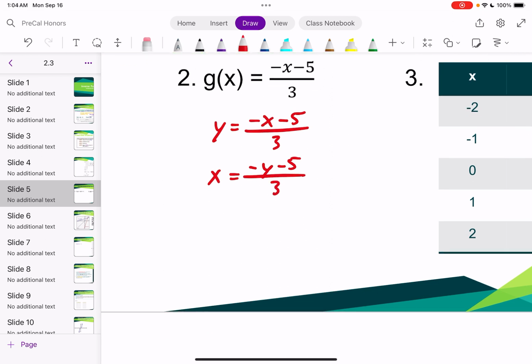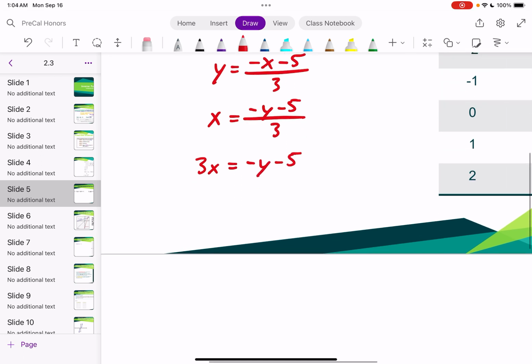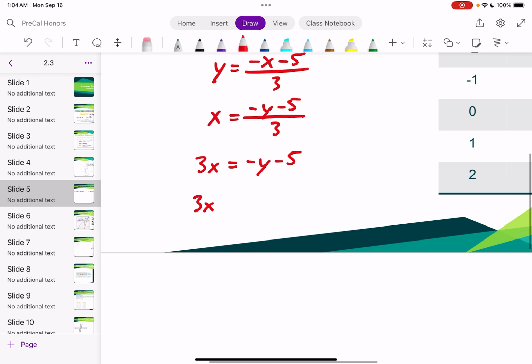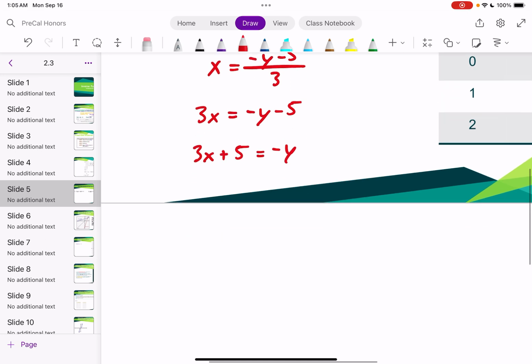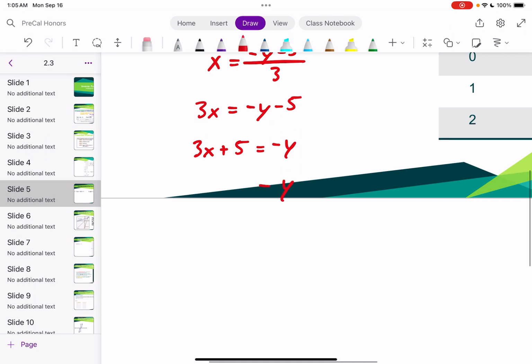First step would be to do the opposite, which in this case is to multiply 3 to both sides. 3x is equal to negative y minus 5. 3x plus 5 is equal to negative y. And y is equal to negative 3x minus 5.